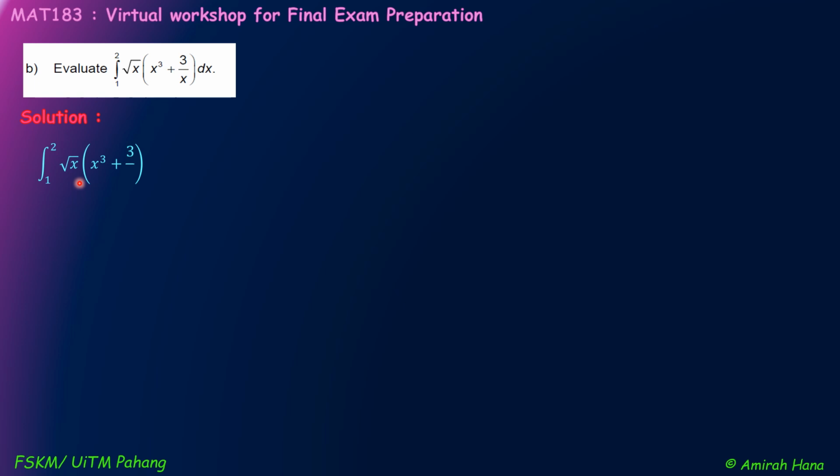From the given question here, first we can expand square root of x with the function in the bracket. So we have this. And then from here, we can write square root of x in the form of x to the power of half before we apply the properties of indices.